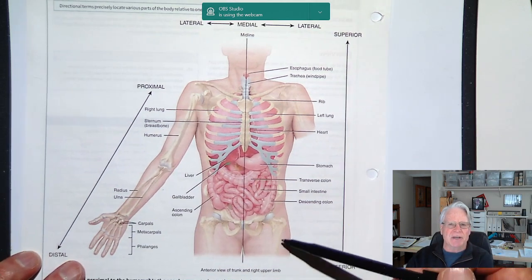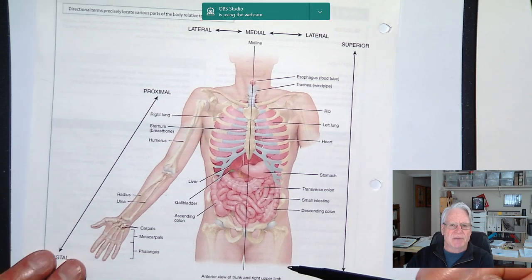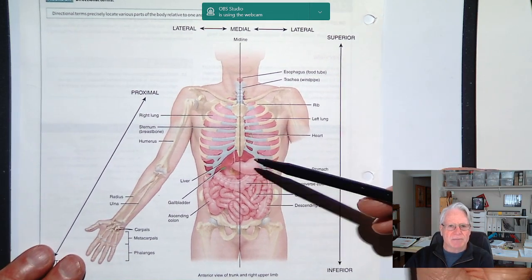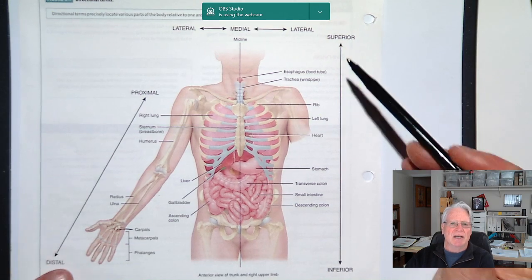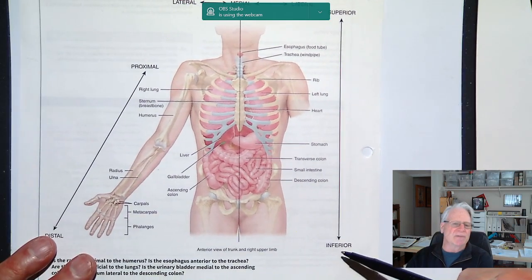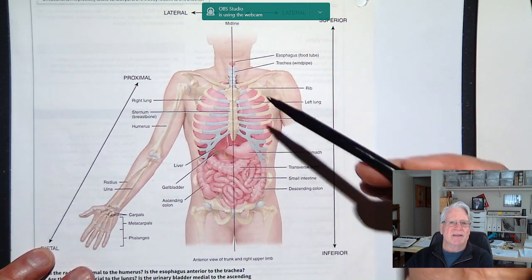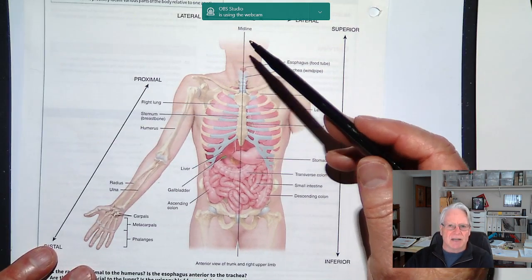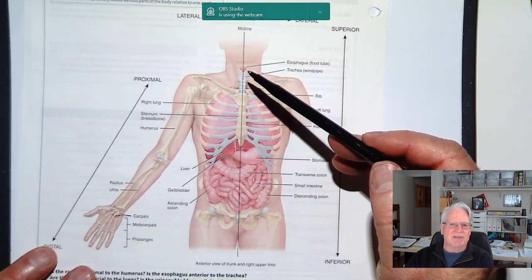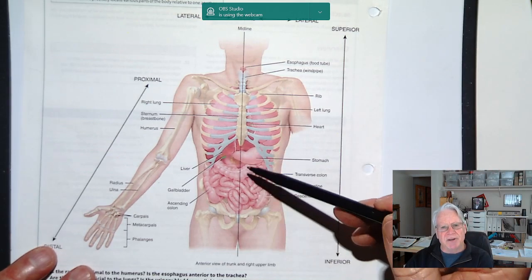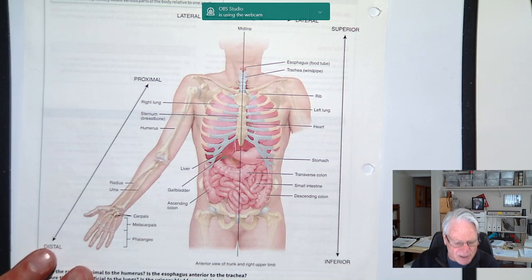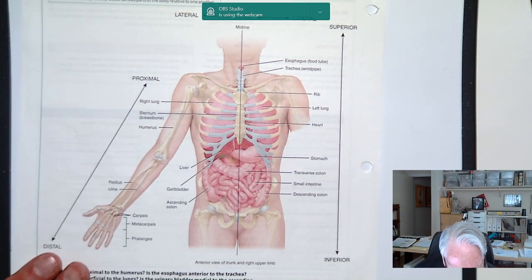With the leg, we can use superior and inferior, and the trunk. So the closer you are to the head, the more superior you are. The closer you are to the feet, the more inferior you are. So the head is superior to the neck, whereas the neck is superior to the trunk, whereas the legs are inferior to the trunk. So that's how that terminology is used.